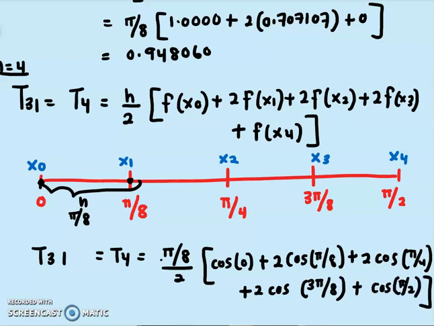Okay, the 2 is just for the interior points, x1, x2, x3, so make sure you multiply by 2 in front.